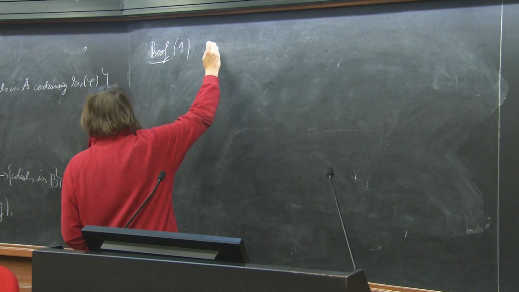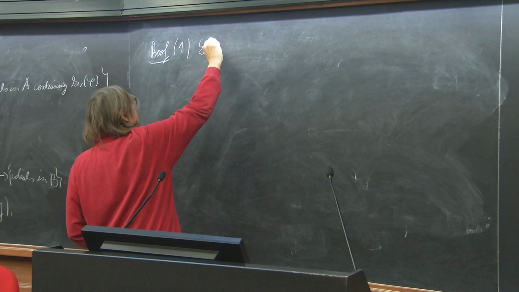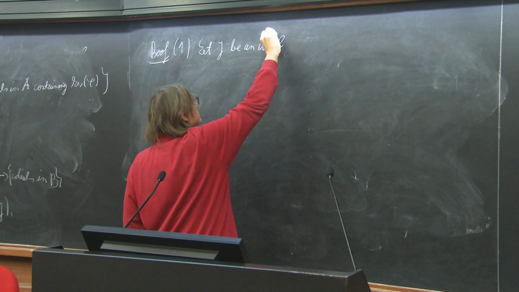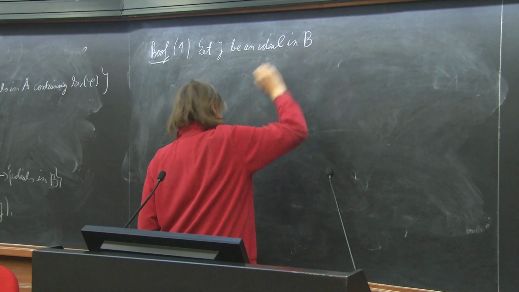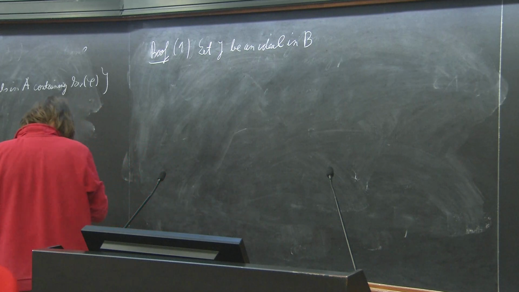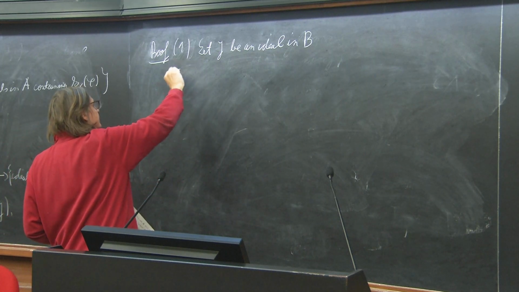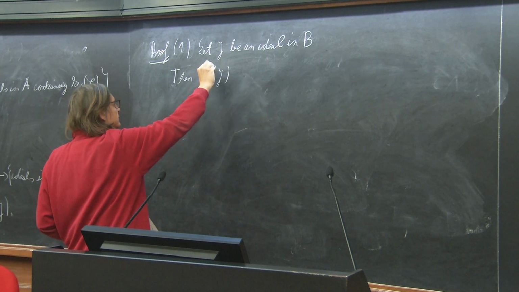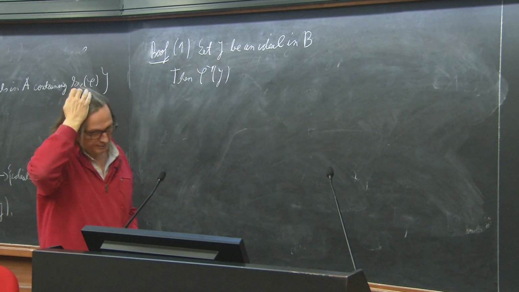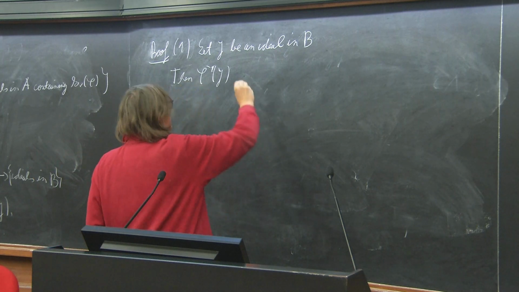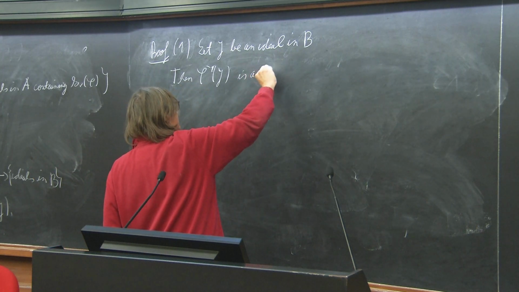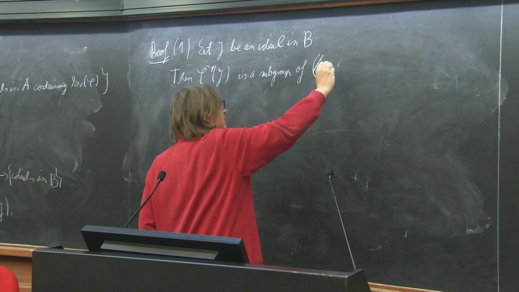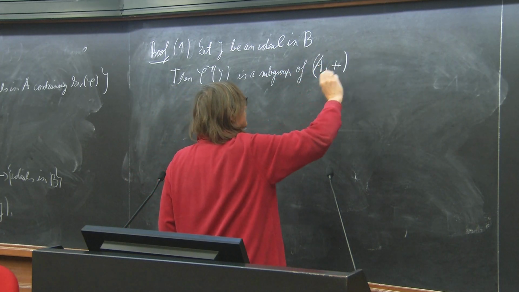So we take an ideal J in B. Then, obviously, if I take phi to the minus 1 of J, this is certainly a subgroup of A with the addition.